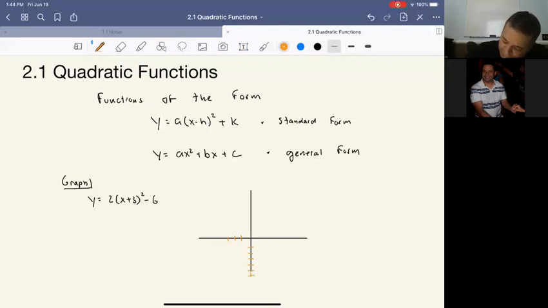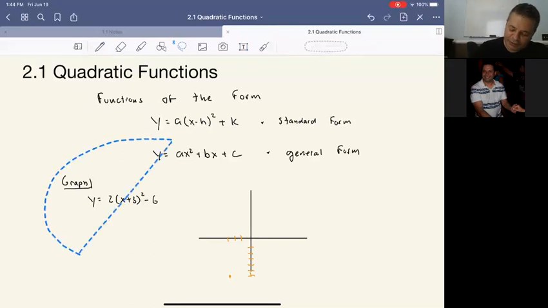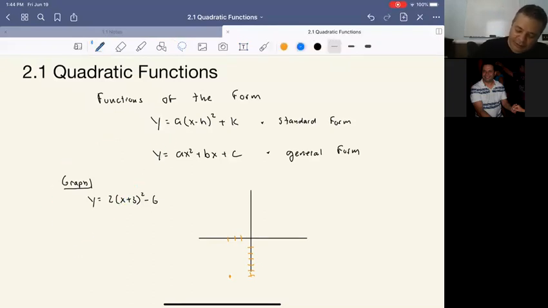One thing that I do is graph 3 different points. In our standard form, the vertex is given by h comma k.